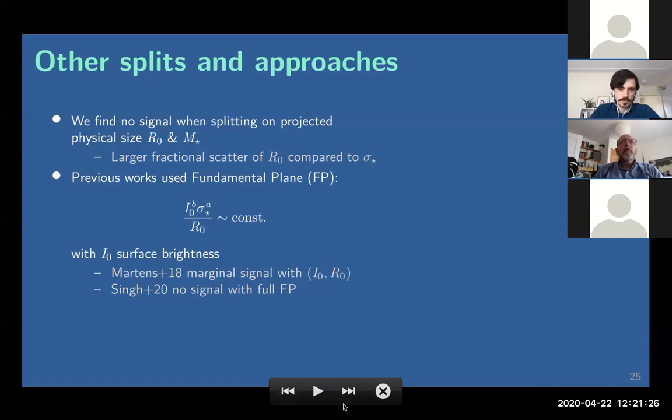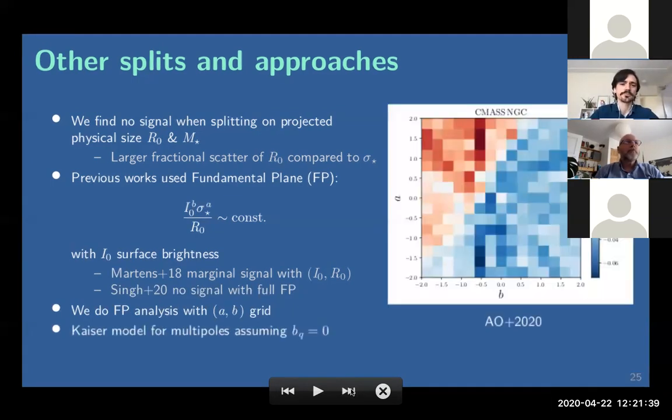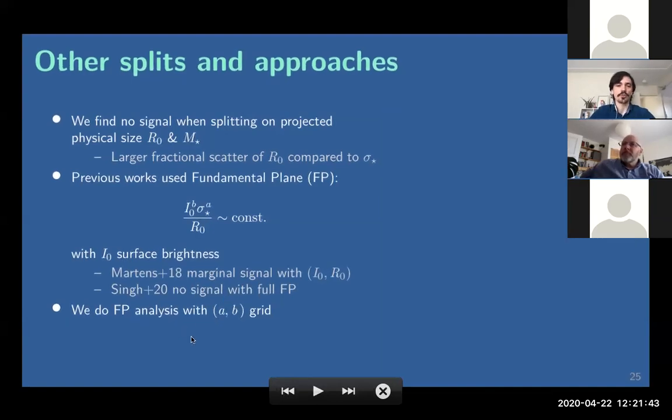Unfortunately we couldn't get which values of A and B they used, so we tried to do a big grid of all the A, B values to see what happens. Here we cannot match monopoles anymore as we did before.